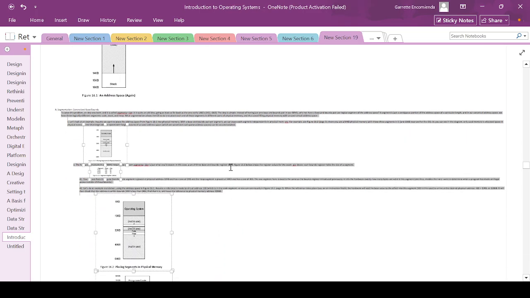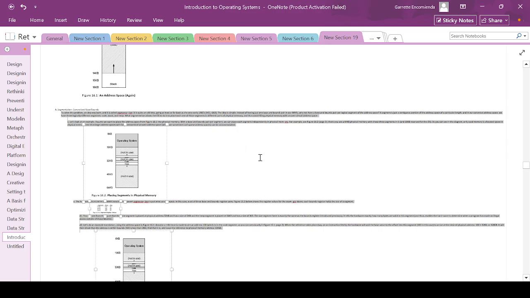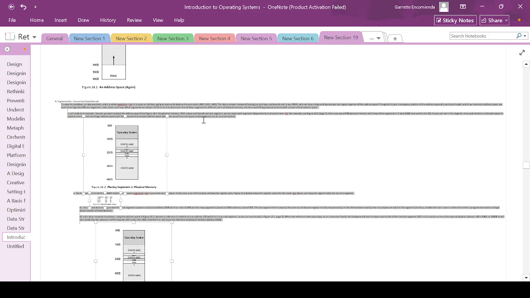Segmentation. So, a generalized base and bounds approach. To solve this problem, an idea was born, and it is called segmentation. It is quite an old idea, going back at least to the very early 1960s. The idea is simple.